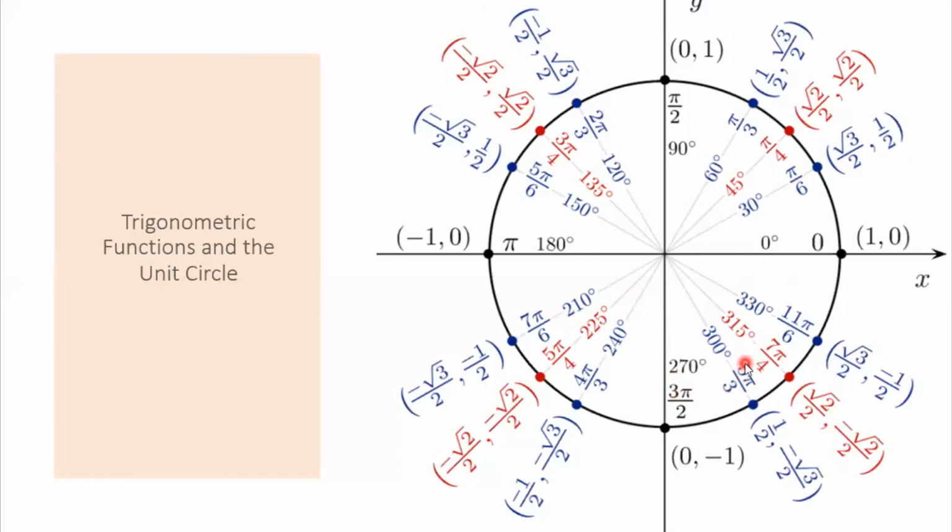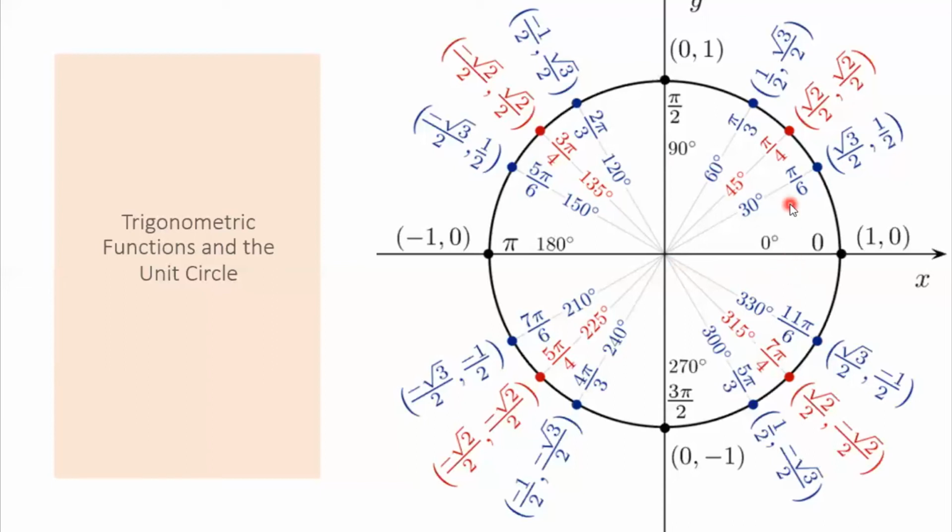Now the question is, Ma'am, what if we cannot memorize all of these things in the unit circle? Is it still possible to find the values of the trigonometric functions? Yes. Actually, there's no need for you to memorize this unit circle with the complete trigonometric values.